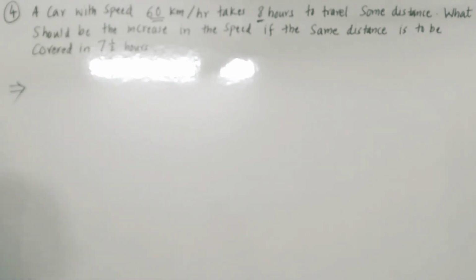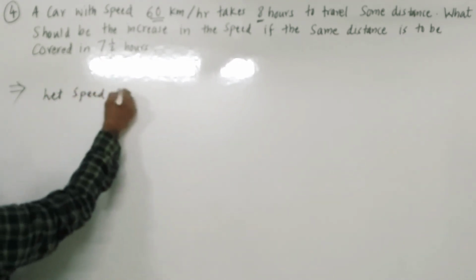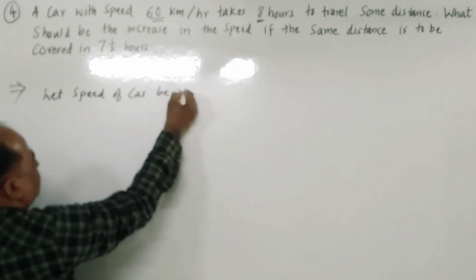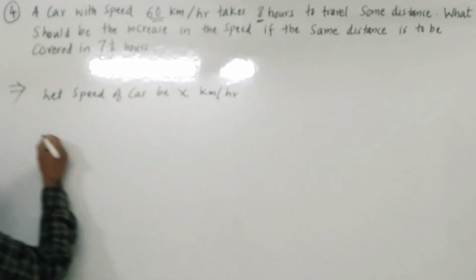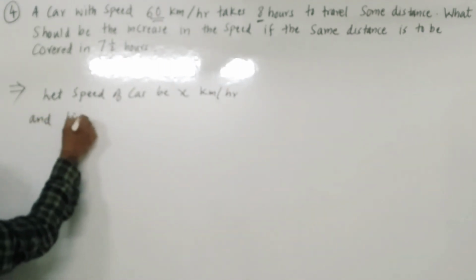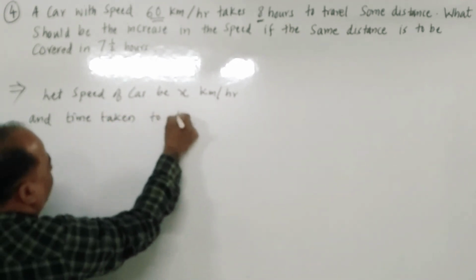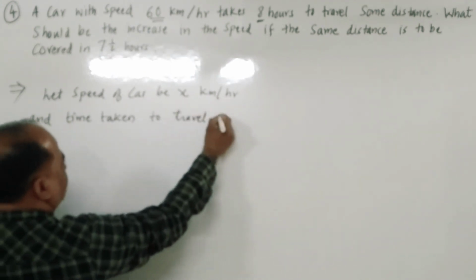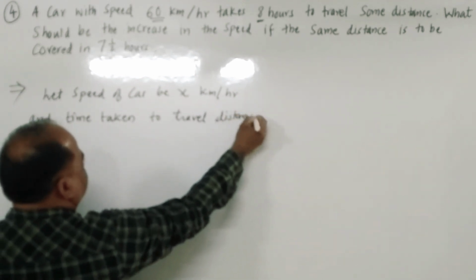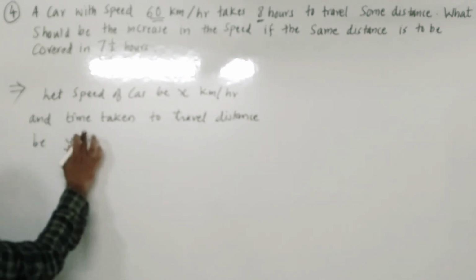So now let us assume, let the speed of the car be x kilometers per hour and the time taken to travel the distance be y hours.